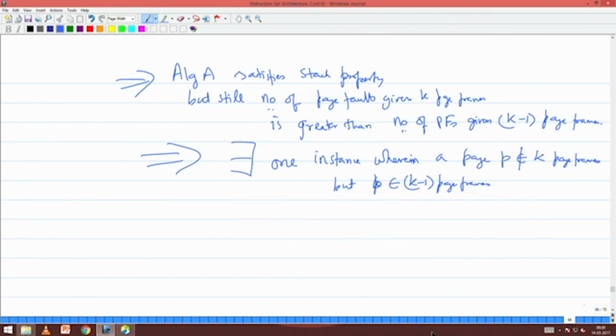This implies, because there should be some instance where k minus 1 does not suffer from a page fault and k suffers from the page fault. The instance of k page frames suffers, then only I can get this more, right. So this implies a violation of the stack property.